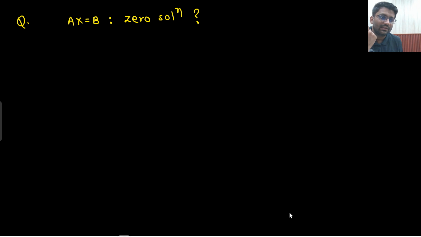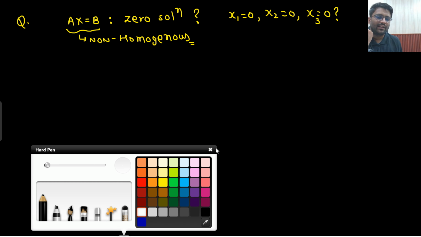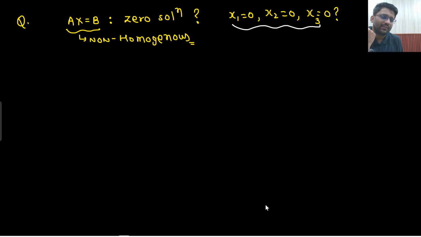0 solution means x1 equals 0, x2 equals 0, x3 equals 0. Is this possible? It is a non-homogeneous equation. So for a non-homogeneous equation, are 0 solutions possible or not? This is what we are asking.